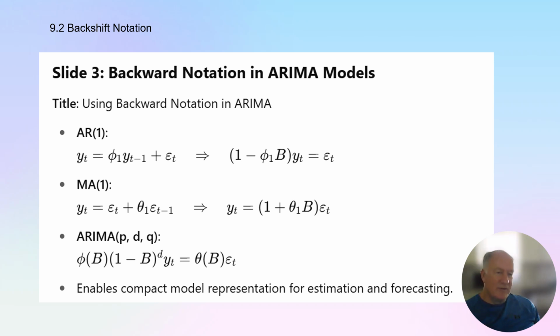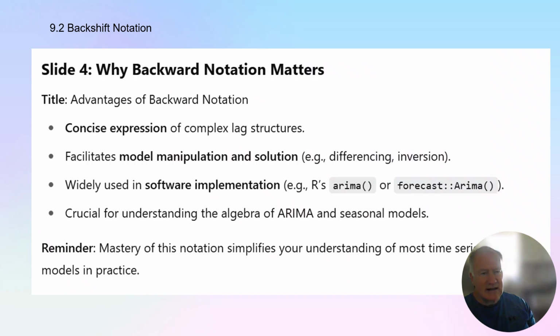So in ARIMA models, we have phi of B, 1 minus B raised to the d, of y of t. This just becomes theta of B e t. So it enables a compact form for estimating and forecasting.